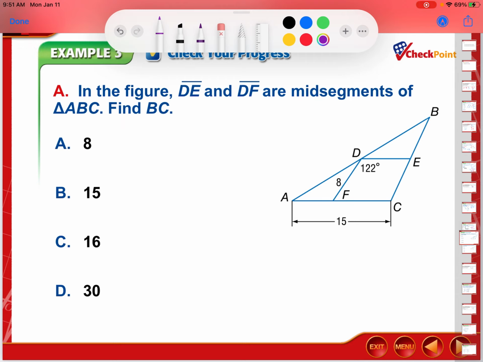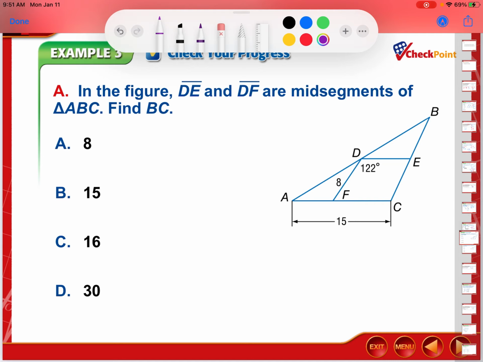Here we're trying to use it to find a side length again. So there's just a ton of different applications. We'll go through a few more examples, but just know that there's going to be some problem solving involved in this.